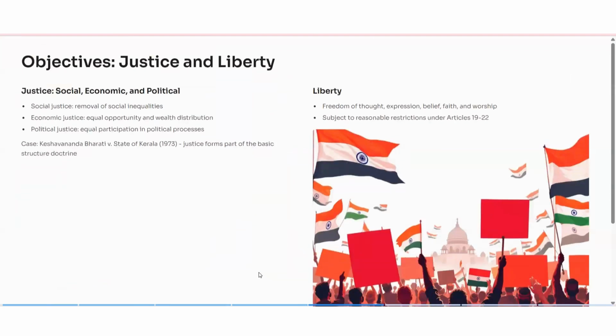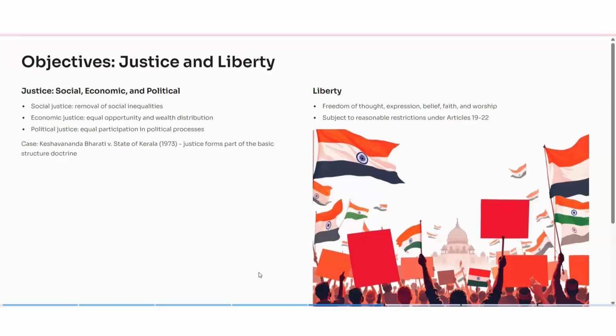Objective: what is the purpose of bringing such kind of constitution? Justice and liberty. Justice is of three kinds which have been incorporated under the preamble of the Indian Constitution: social, economic, and political. Social justice means removal of all social inequalities, like under Article 17 of the Indian Constitution, the right against untouchability, which has been abolished.